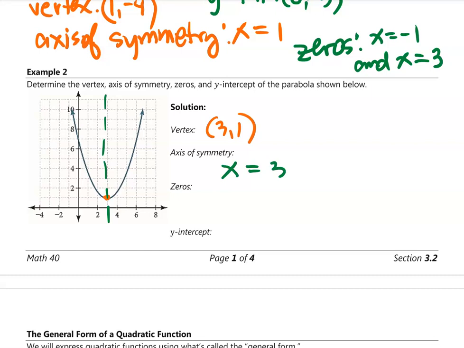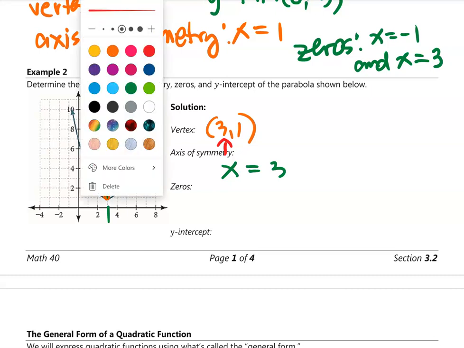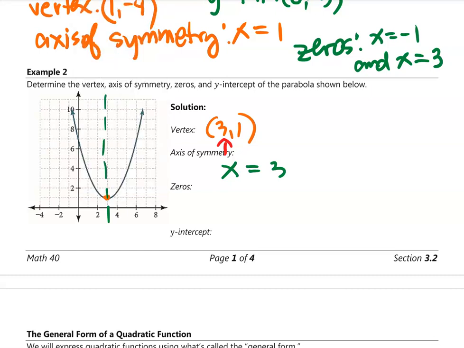The best way to get the axis of symmetry is the x part of your vertex. Zeros: I don't see any point on the x-axis, so none. And the y-intercept, is there a point on the y-axis? Yes, this point, at (0, 7). Very good.